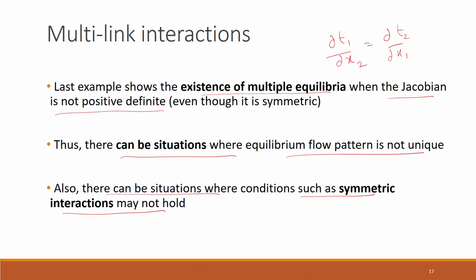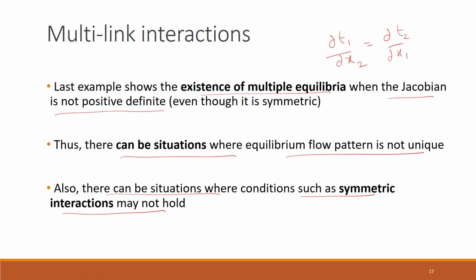There, the travel time on any link is not just dependent upon the flow on that link and another link, but also several other links. But there also we had assumed that the link interactions are symmetric, but there can be situations where these interactions are not symmetric. Those cases are called asymmetric interactions.